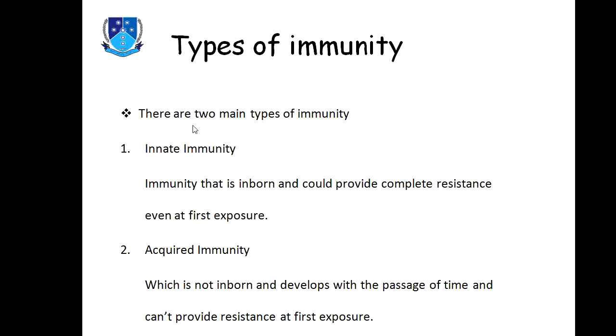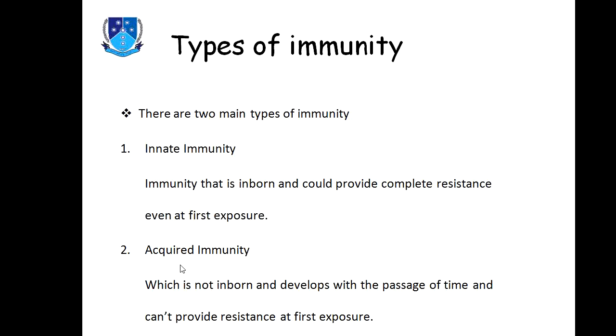When the fetus matures and the baby is born, it should have a complete set of innate immunity, which could provide complete resistance even at first exposure of the foreign matter.